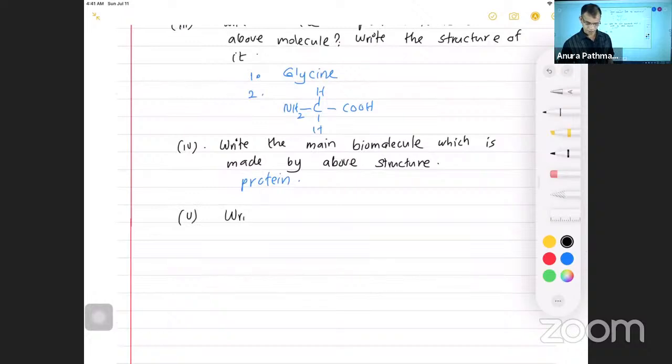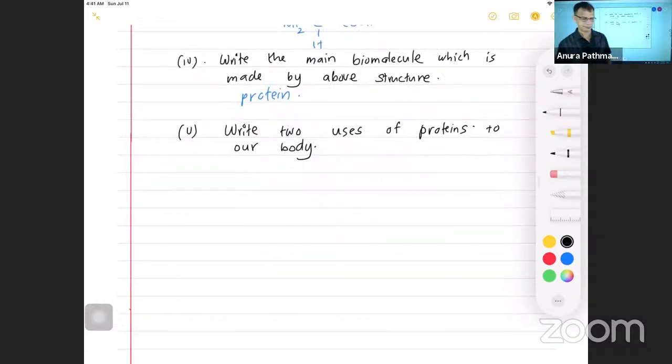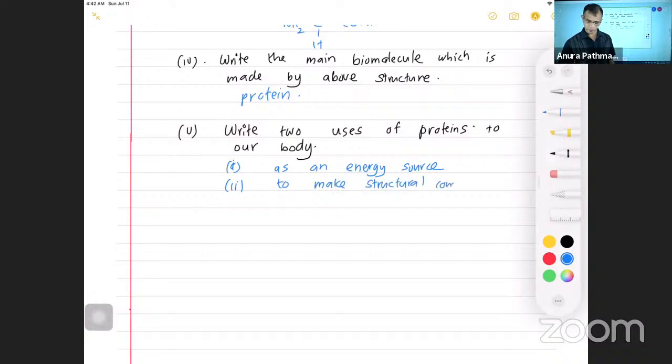Two uses of proteins to our body: as an energy source, and second, to make structural components.